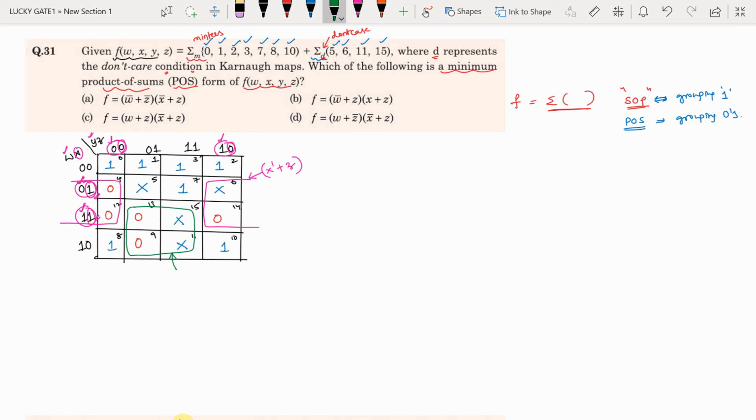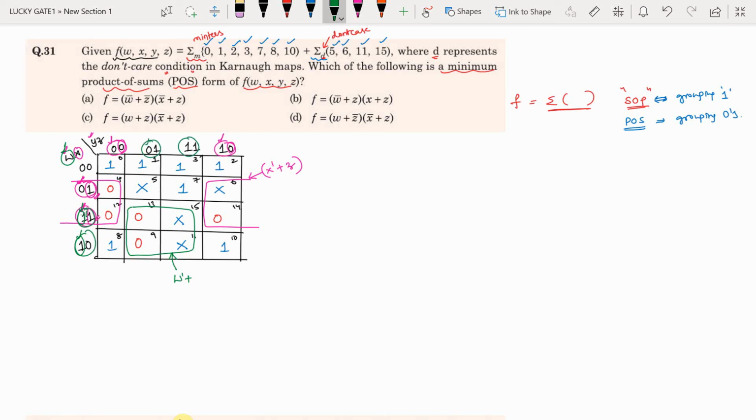We have to check what sum term is possible with this quad. You have to determine it in the similar way that we found for the previous quad. In this, the rows are represented with 1 1 and 1 0. Now 1 is common and 1 and 0 is different, that is eliminated. Because 1 1 is the same, that 1 is representing W. W is to be represented in the POS form. Because it is 1, we have to represent it in complemented form. Plus, now this quad is also covering these two columns.